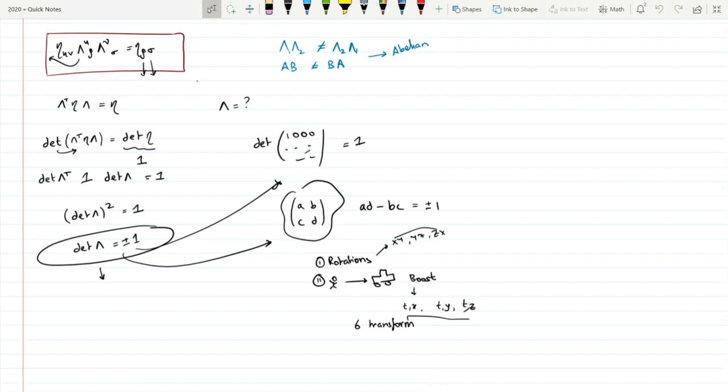Okay? But remember, what I said at the end of the day is that this invariant length is something that remains the same, and that's important because this del S squared, we find that it's greater than 0. If it's greater than 0, it means that 2 regions in space are causally disconnected, like they can't affect each other. If it's 0, it means it's light. It's this 45-degree angle.